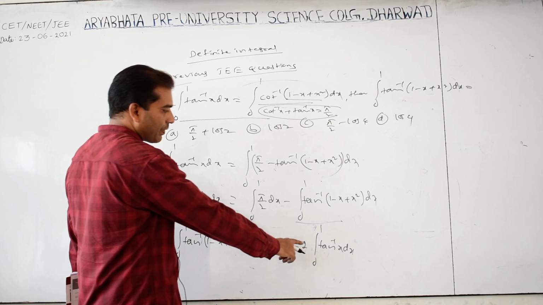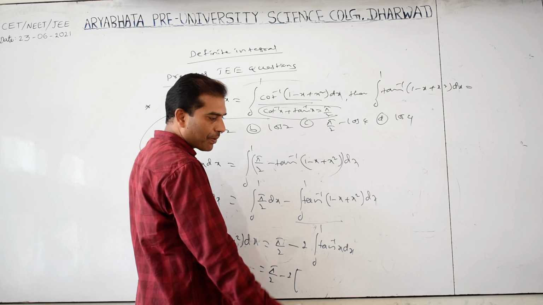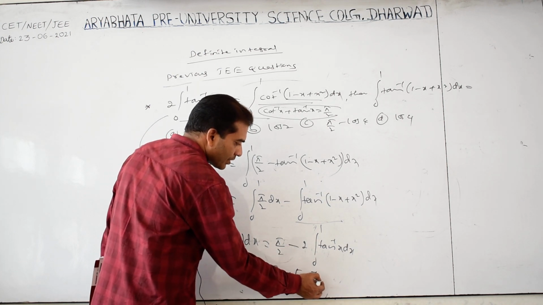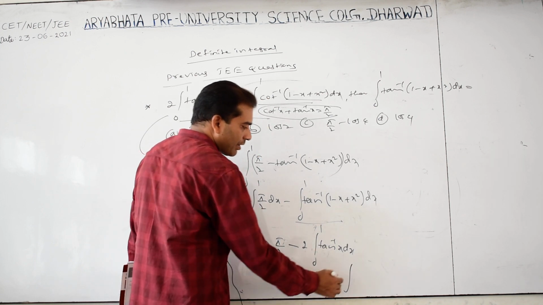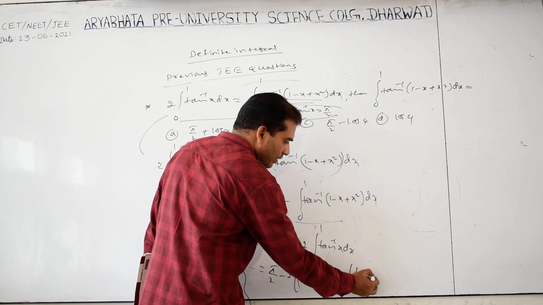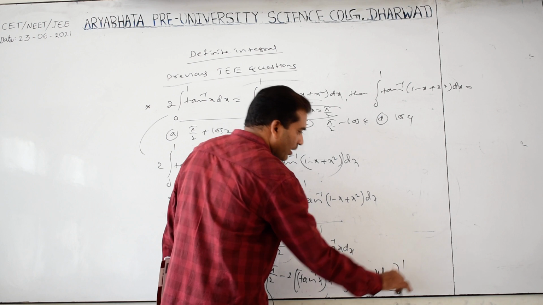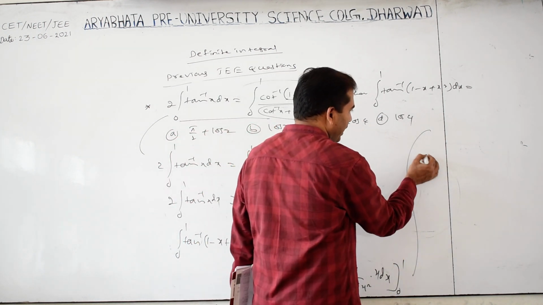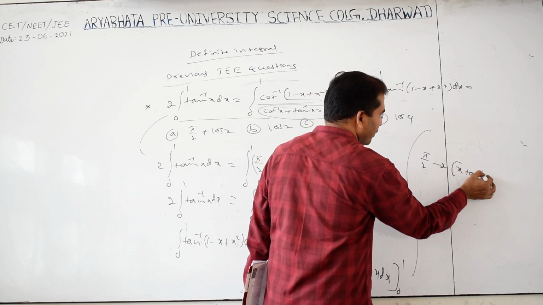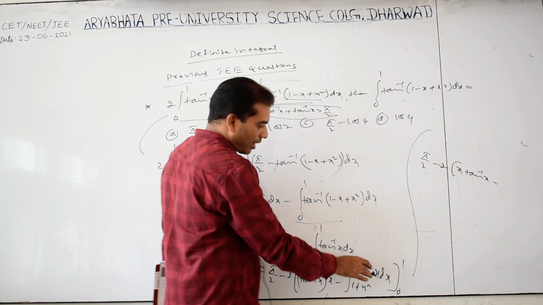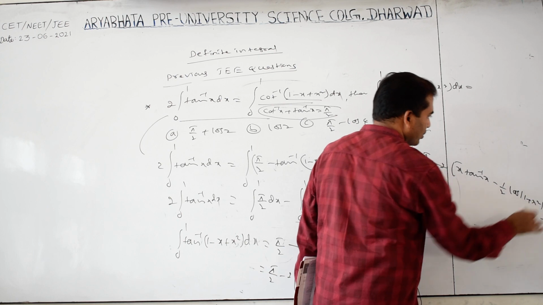So how to find this integration? By parts: tan inverse x is the first function, 1 is the second; the integration of 1 dx is x, minus the derivative of tan inverse x, which is 1 by 1 plus x square, times the integration of 1 dx, which is x dx, limits 0 to 1. Next, pi by 2 minus 2 into x tan inverse of x minus 1 by 2 log of 1 plus x square, limits 0 to 1.